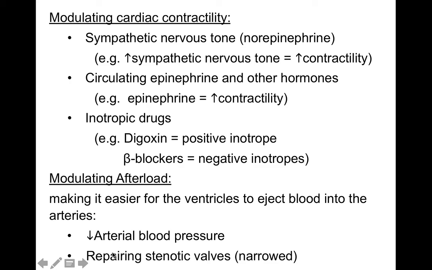This is a fairly common disease. You can have valve stenosis, or aortic valve stenosis, which makes it harder for the ventricles to pump blood into the aorta, which also increases afterload on the heart. So if you repair any valvular defects, you can also possibly fix afterload if there's a problem.